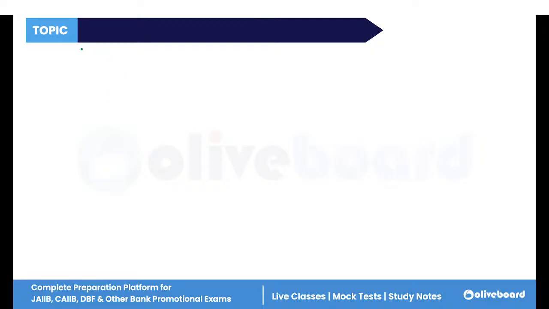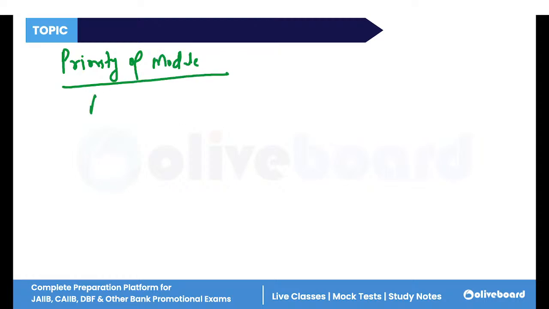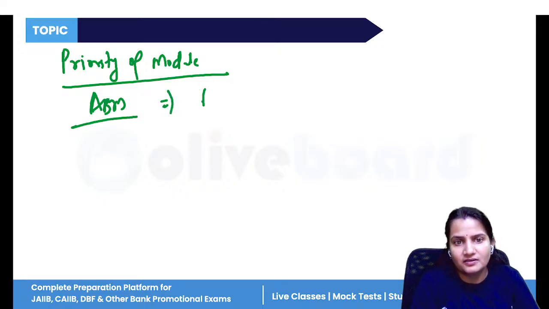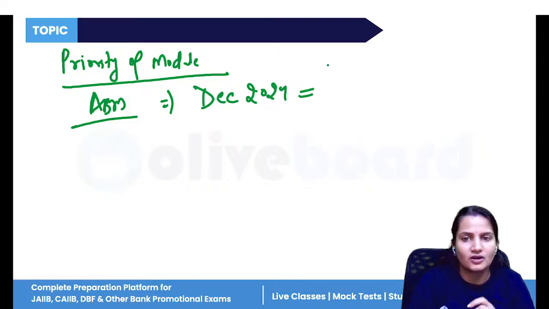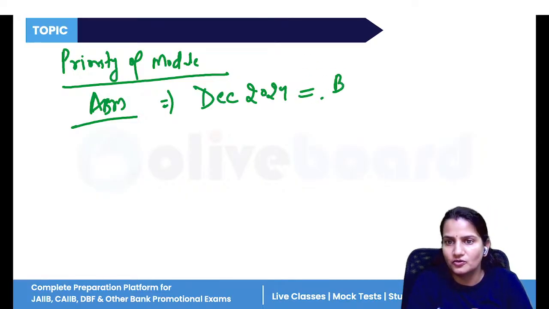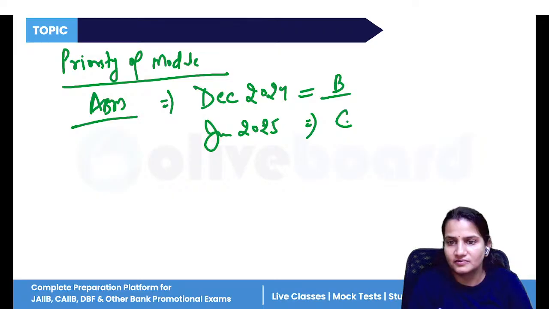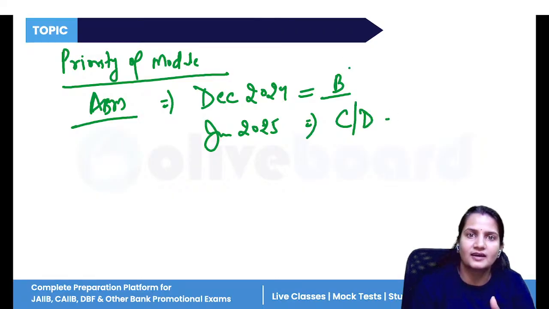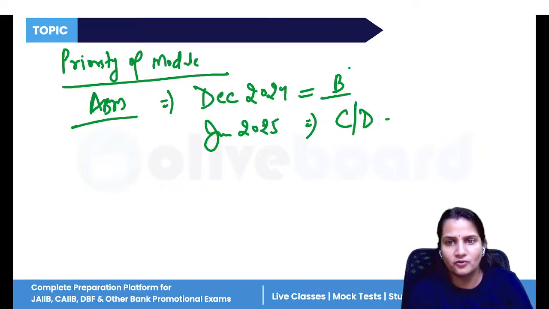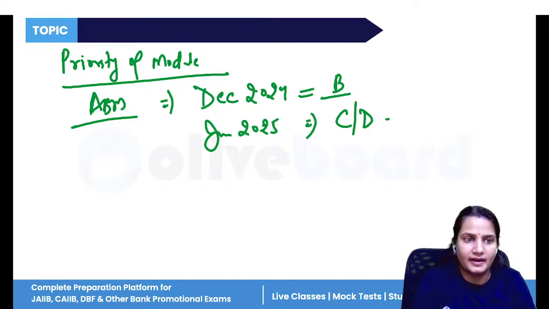Now, if I talk about the priority of modules, in ABM, in December 2024, more questions were from module B. In June 2025, this time more questions were from module C and module D. So we cannot say that this module is more important or this module is less important, at least in the ABM paper.